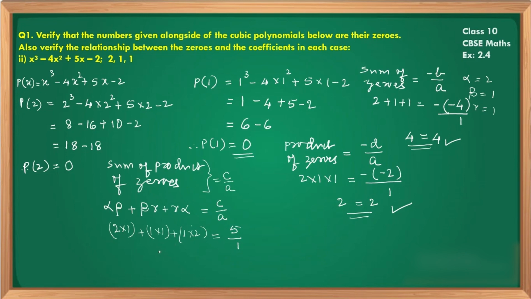Now 2 into 1 is 2 plus 1 into 1 is 1 plus 1 into 2 is 2, that is equal to 5. 2, 1 and 2 gives you 5, that is equal to 5. LHS is equal to RHS. Now we have verified all the three stages of verification. Question number 2 of question 1 is over. Now we move on to the next question, the next page.